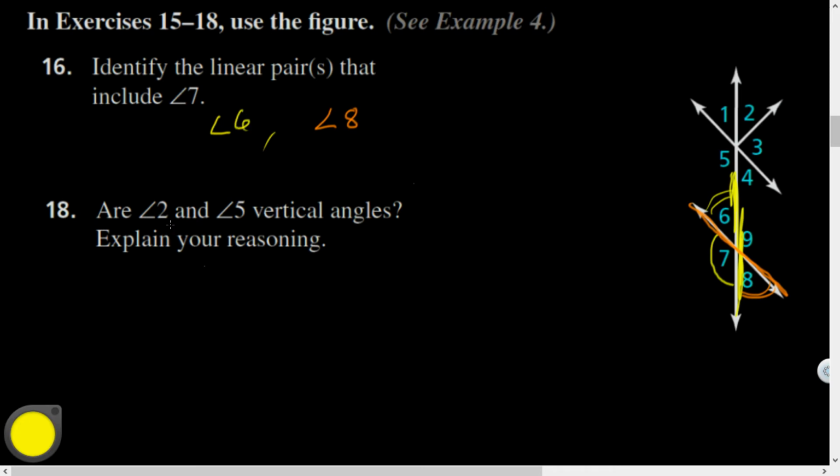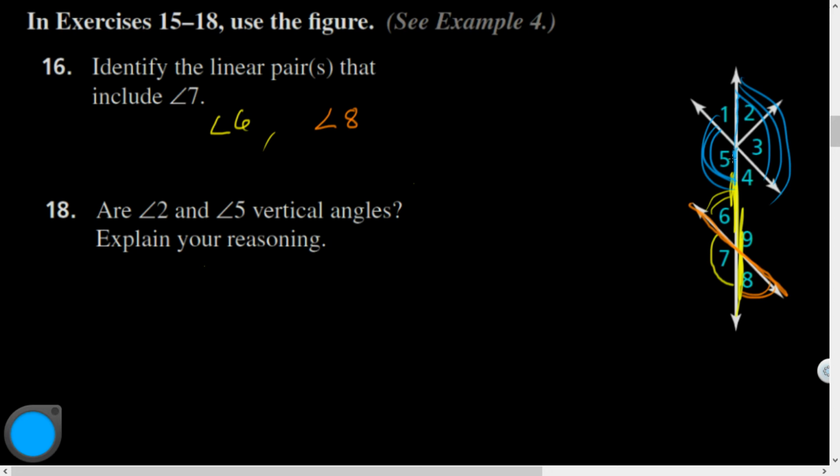Appreciate it. Let's see, and then it asks the question, are angles 2 and 5 vertical? So here's angle 2. Is that a vertical angle with angle 5? They have a common vertex. No, I'm saying no. I'm calling bogus on that one. Angle 5 would be a vertical angle with the angle that is made up of both 2 and 3.